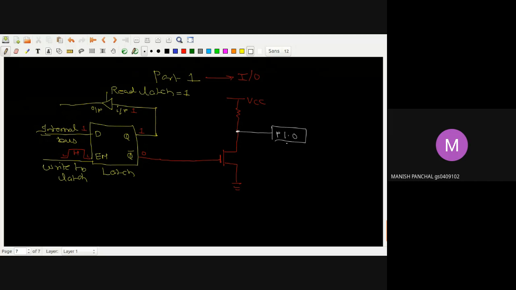So anybody, what is the 1.0? सबसे पहले बताओ 1.0 है क्या? सर पोर्ट 1 की 0 पिन। ओके, तो अगर मैं ये सर्किट एक पिन के लिए बता रहा हूँ तो ये सेम के सेम सर्किट मेरी जो आठ पिन हैं उनके लिए रिपीट होगा। Now what they have done, they have given this output to another tri-state buffer.